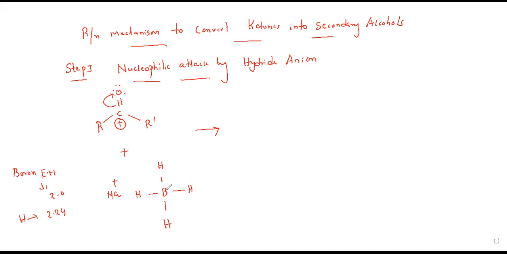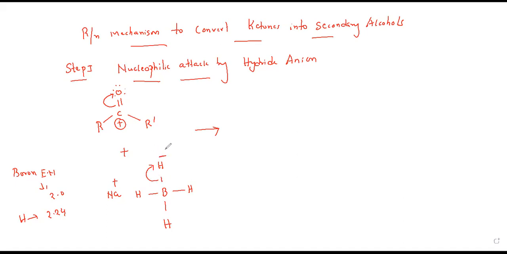So when you compare the electronegativity between these 2 atoms, boron has the least electronegativity. So if I break the bond between boron and hydrogen, the electrons will migrate to hydrogen. Therefore, hydrogen will get a negative charge.